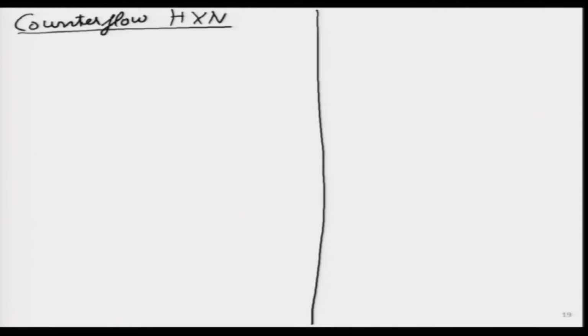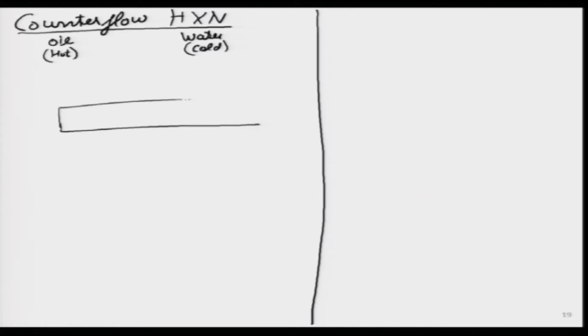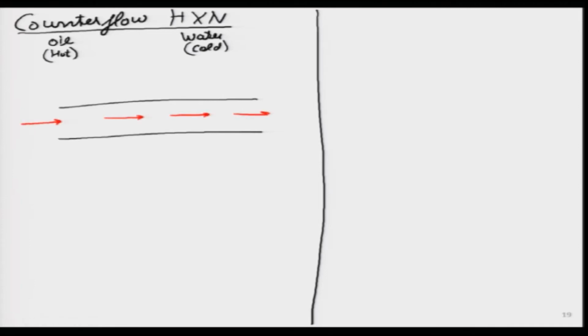And what I am going to do in the counter flow heat exchanger is keep the same fluids. So, my oil will be hot, water will enter at a low temperature. So, I will call it cold. So, let me draw the center point over here. So, this is the inner pipe. Maybe I will erase the side parts over here, sorry. And because the oil is hot, I will draw with red arrows. So, oil flows on the inside over here.